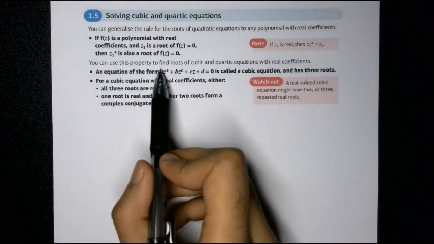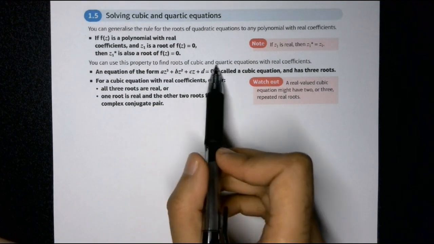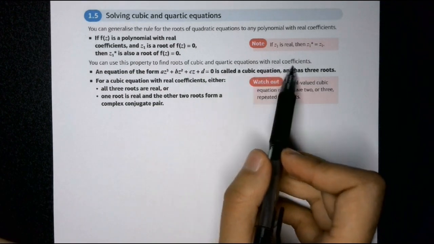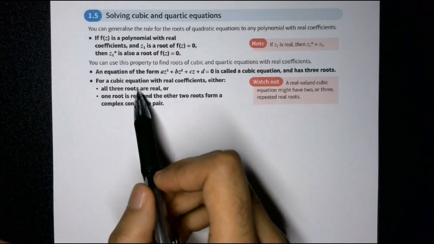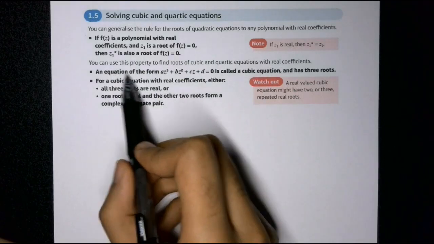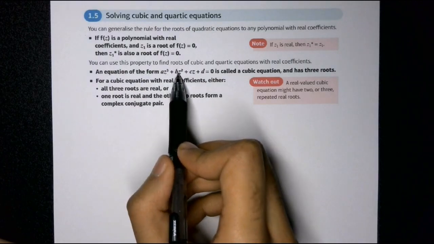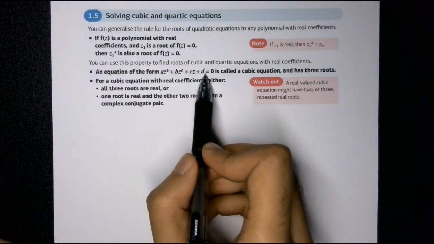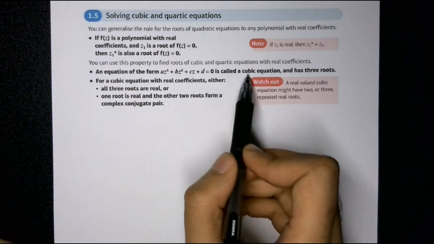So we can use this property to find roots of cubic and quartic equations with real coefficients. Now, if we take a look at cubic equations for now, an equation of the form az cubed plus bz squared plus cz plus d equals 0 is called a cubic equation.